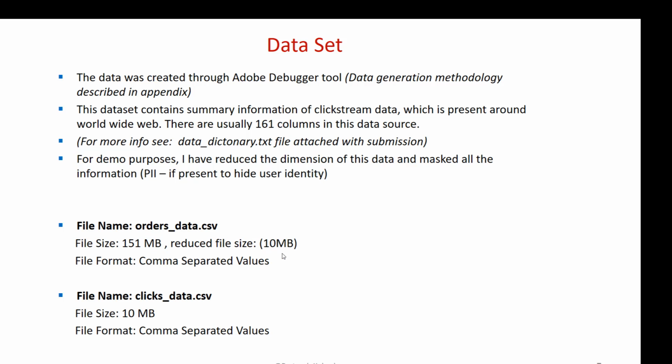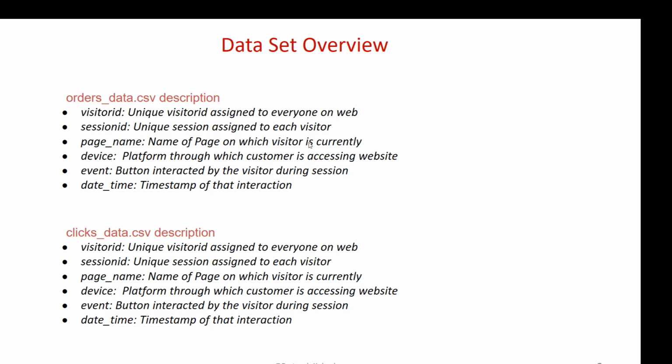And the click data is the clickstream altogether for a website, which is also 10 MB, and contains each and every click of a customer on the website. So these are all the descriptions available: visitor ID, session ID, page name, device, event, and date time. These are just the data description itself.